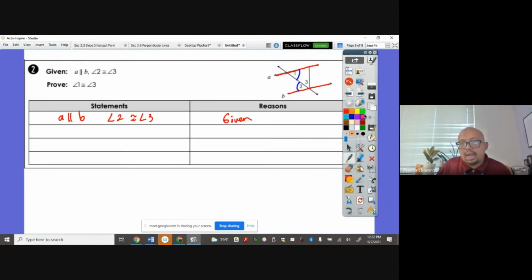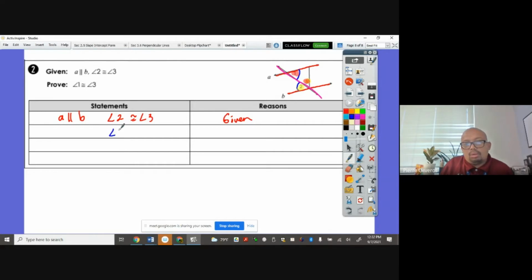Alternate interior angles, right? This is the transversal line. And then again, we're trying to prove that 1 and 3 are congruent. But since 2 and 3 are equal according to the given, now 1 and 3 are going to be also congruent because look at the structure of the problem.